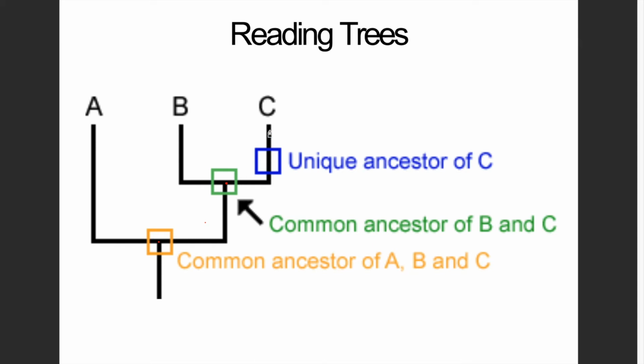And of course, the lines here also have points in them, no? And those represent the unique ancestors of C. Also, there are points here that represent the unique ancestors of B and also of A. What do we mean when we say ancestry? When we talk about ancestry, we usually mean the origin.